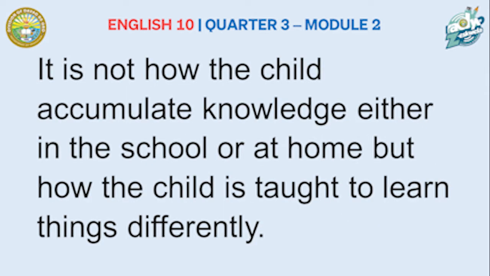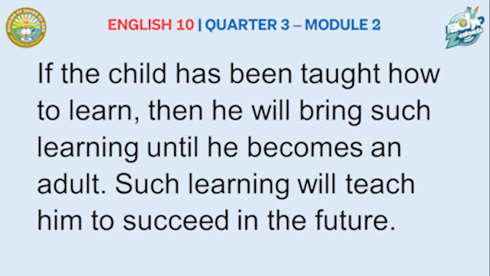It is not how the child accumulates knowledge either in the school or at home, but how the child is taught to learn things differently. If the child has been taught how to learn, then he will bring such learning until he becomes an adult.